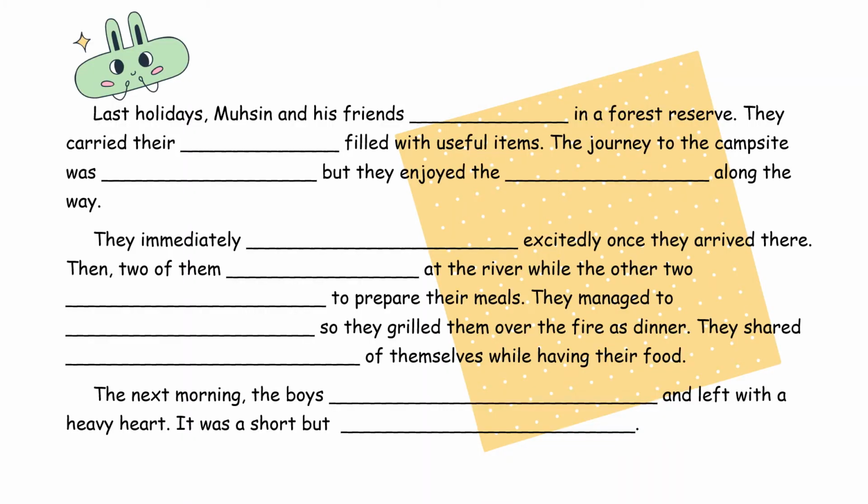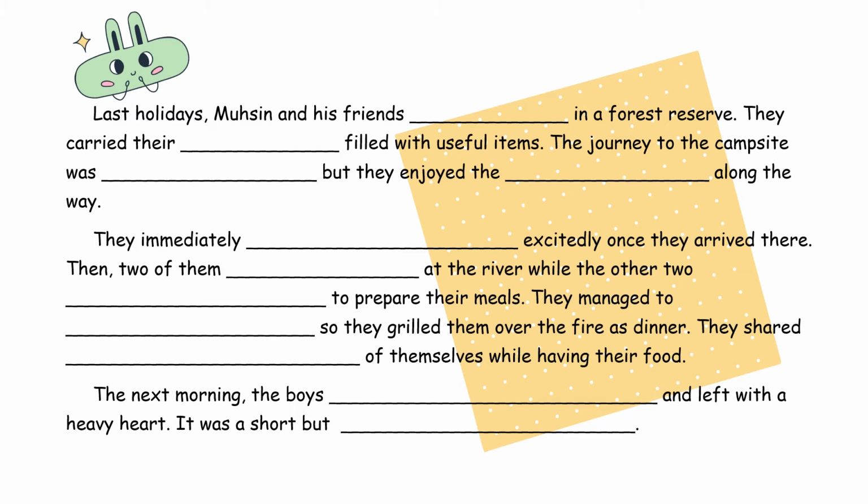So this is actually a structure to help you. So maybe we can talk about Muhsin and his friends. They went camping in a forest reserve, right? And if you look at the picture, you have to notice what they brought along with them, and also what are some of the activities that they did. I'll give you a few minutes.